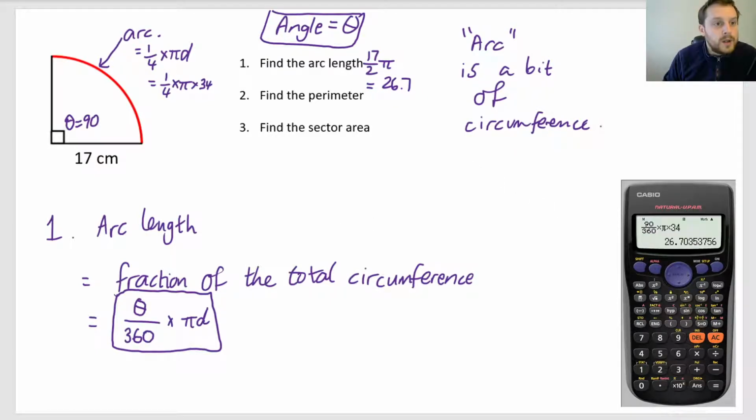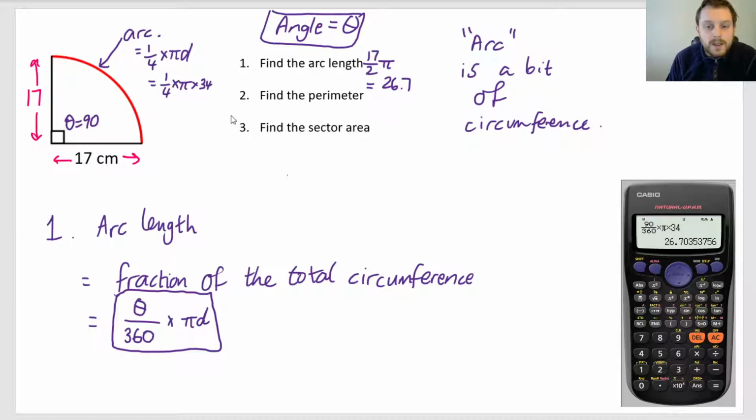Right, let's change color because we're using this color too much here. It's getting a bit complicated. Right, find the perimeter. So what do you need to add to this 17 over 2 pi? Or what do you need to add to this 26.7? Because the total perimeter is this bit of arc length plus a 17 that goes here, and plus this 17.